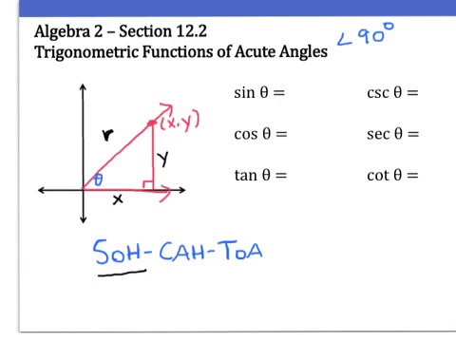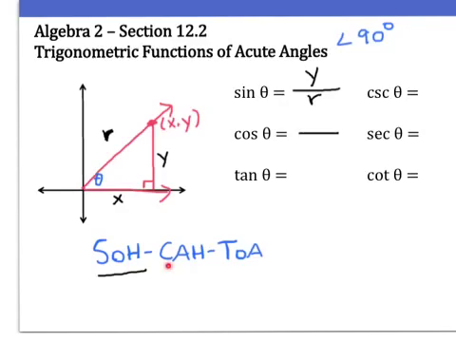Now, SOHCAHTOA. Sine is opposite over hypotenuse. Now, the side that's opposite of my theta is y, and my hypotenuse is always going to be r. So sine is y over r.